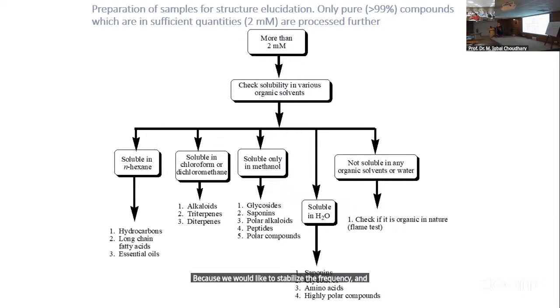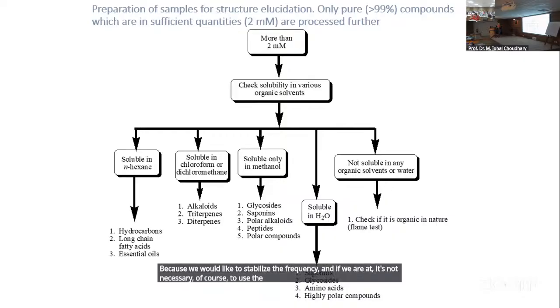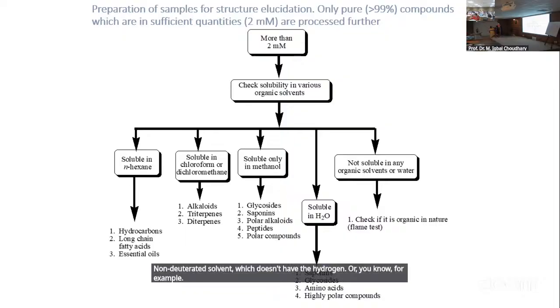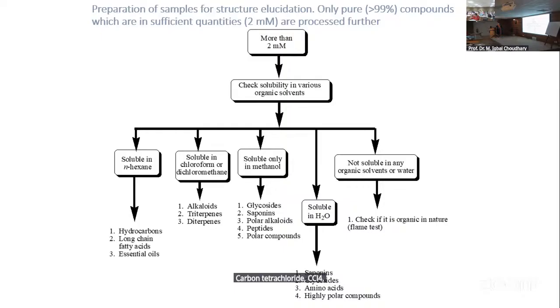And it's not necessary, of course, to use the deuterated solvent. We can use a non-deuterated solvent which doesn't have hydrogen, for example carbon tetrachloride, CCl4. You can definitely use it.